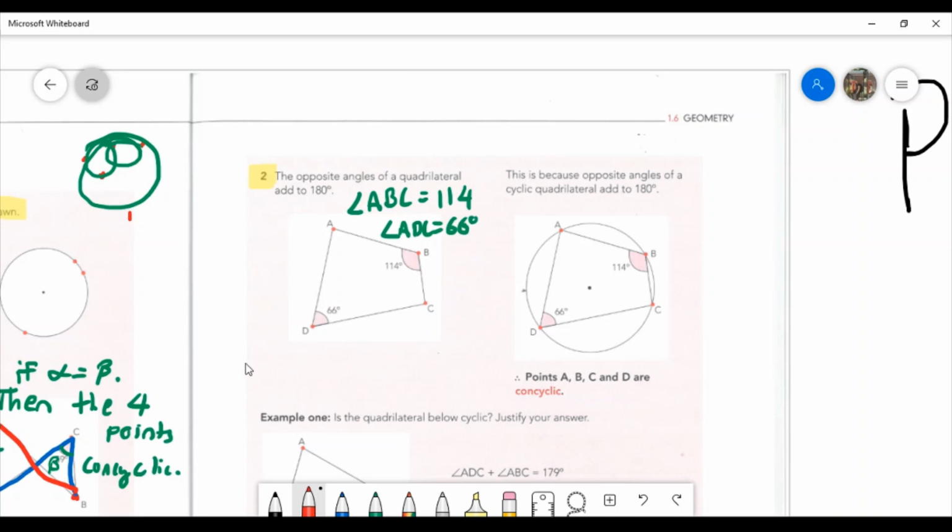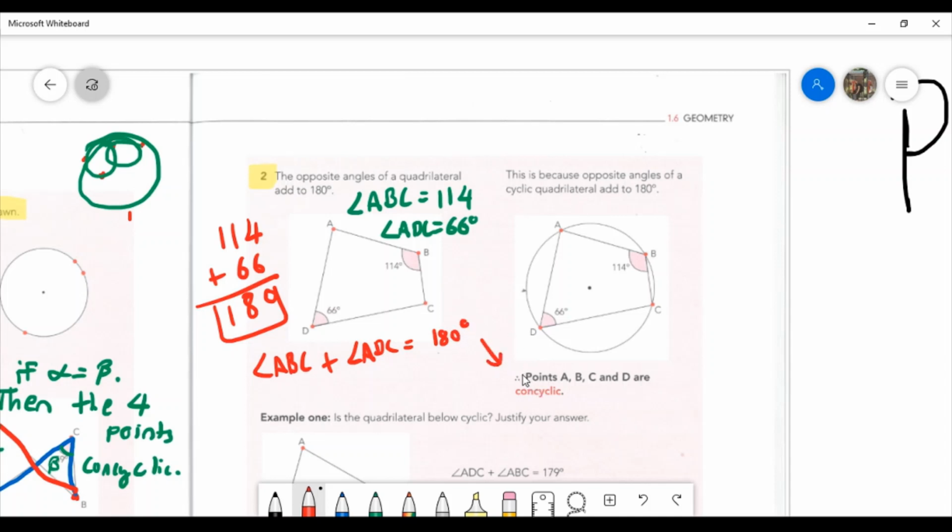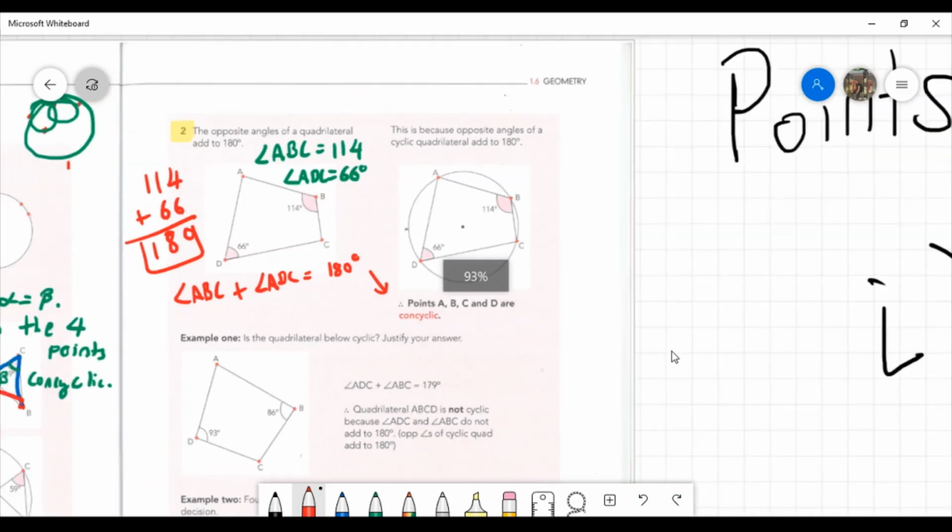We consider what is this plus that. Oh look, it's 180 degrees. So angle ABC plus angle ADC equals 180 degrees, and therefore the points ABCD are concyclic. And here's an example of the circle you would draw. So only if one of those 2 rules hold.